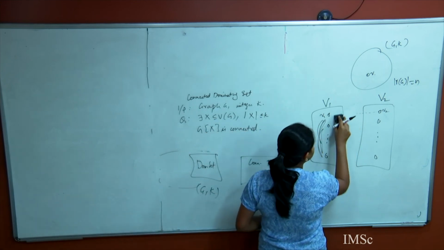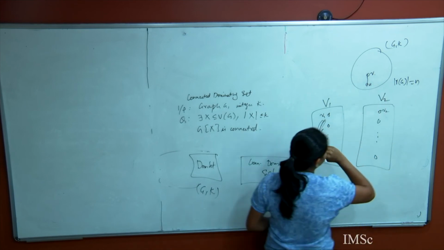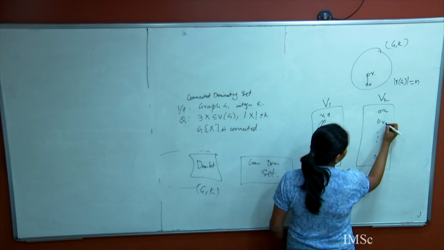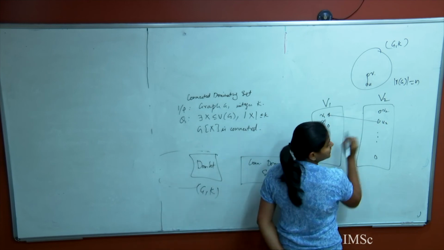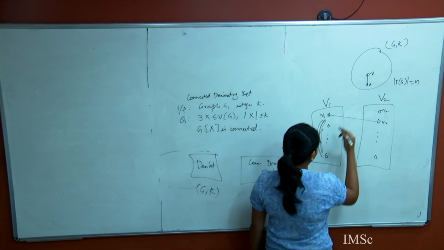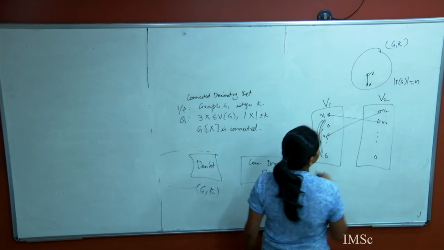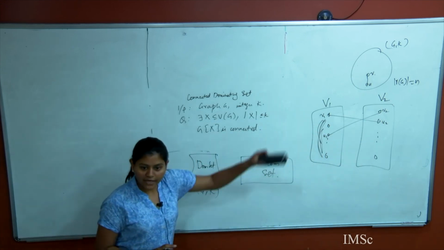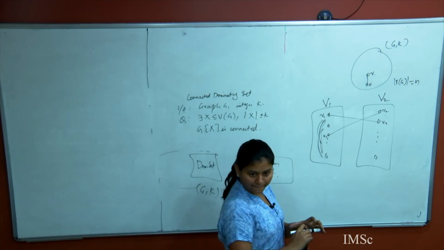But if I had an edge UV here, then between U and the first copy of this vertex I add an edge. And similarly there will be a copy U1 here, so I also add this edge, okay? I do this procedure and the claim is it is enough, okay?